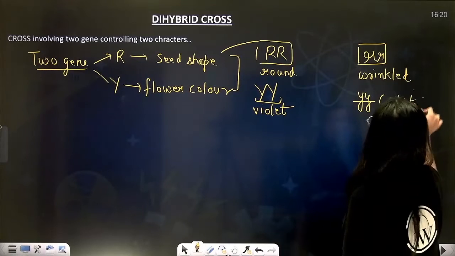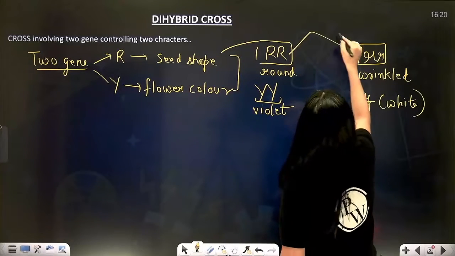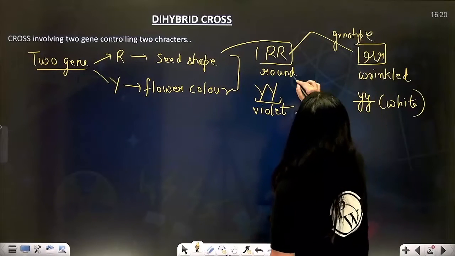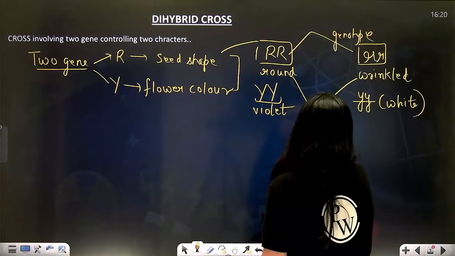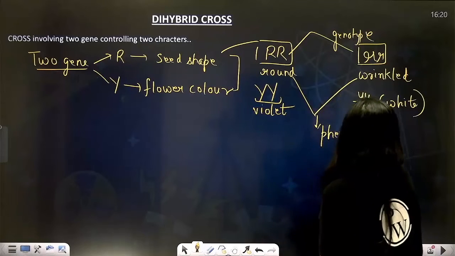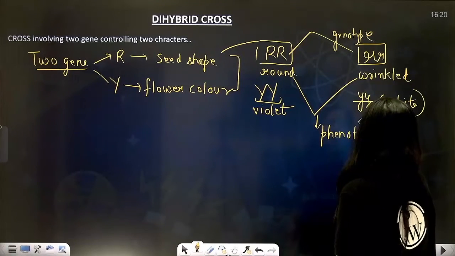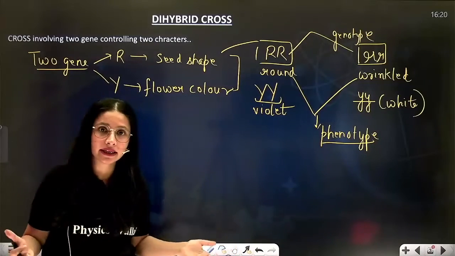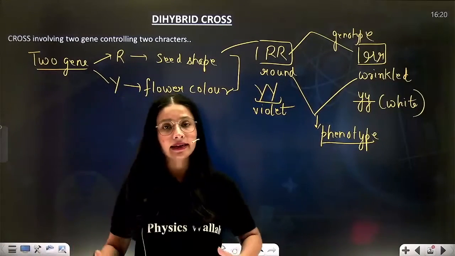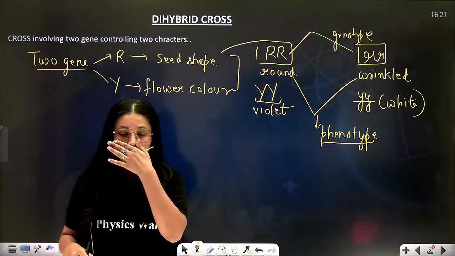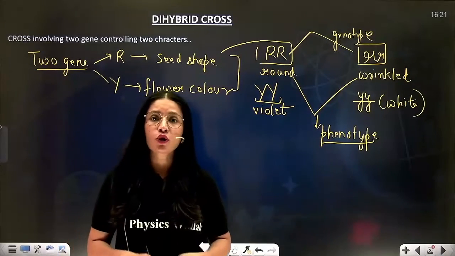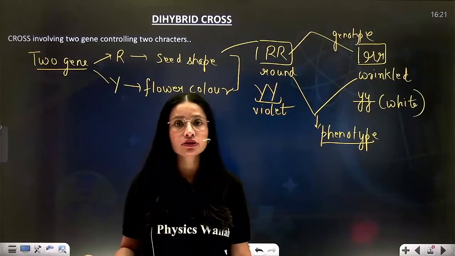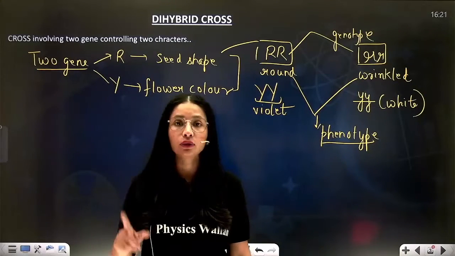So these are the pure lines. These are the genotypes which I have written independently, and these are the phenotypes that I have mentioned independently. Now, these 2 characters I have mentioned separately, but Mendel studied the inheritance of both the genes located on the chromosome together, to check the inheritance of 2 genes when inherited together.